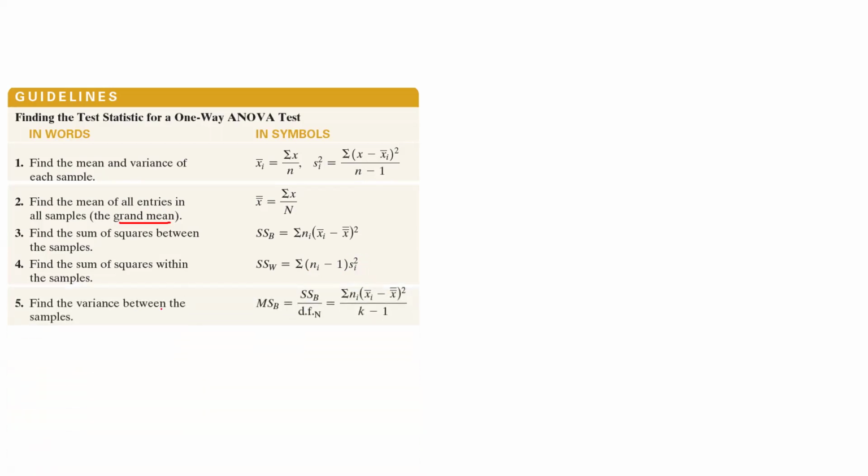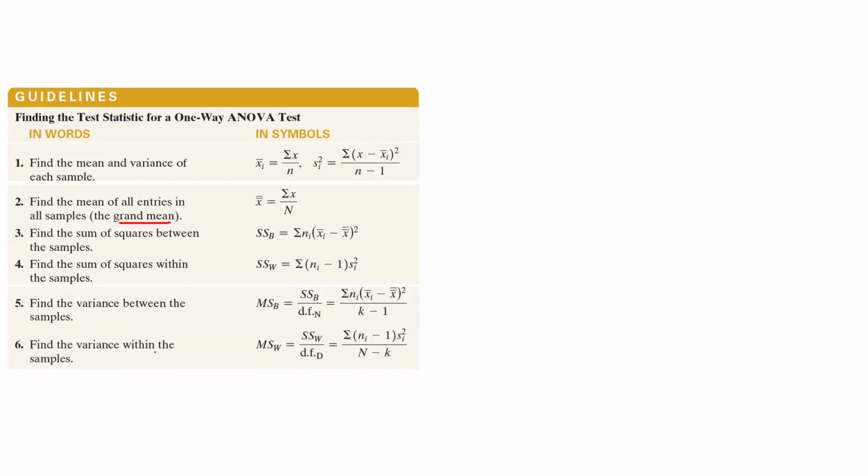Find the variance between the samples, MSB, which is basically the sum of the squares between samples divided by the degrees of freedom for the numerator. Mathematically, it's the summation of ni's times the difference between each sample mean and the grand mean to the second divided by k minus 1.